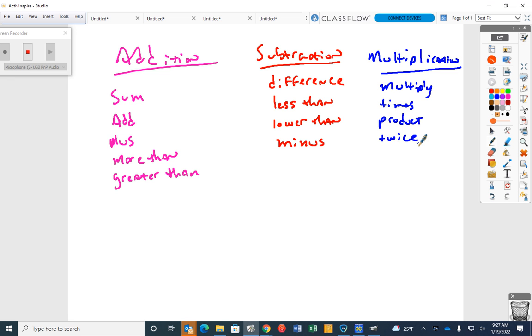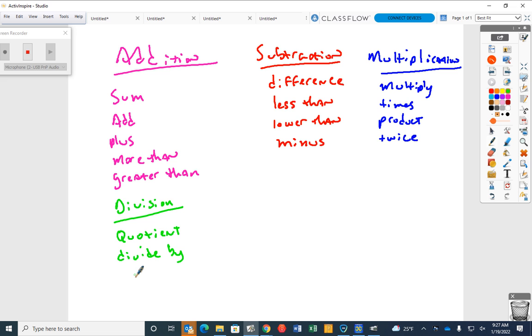All right, now let's look at division. Quotient. What's another one? Divide or divide by.